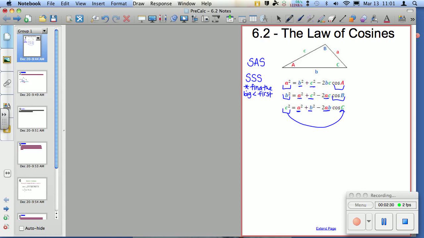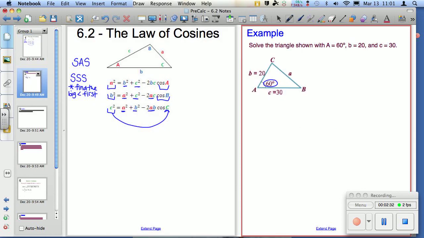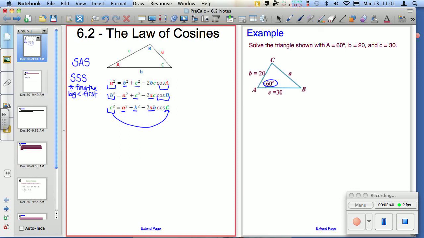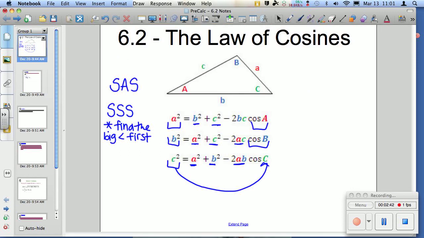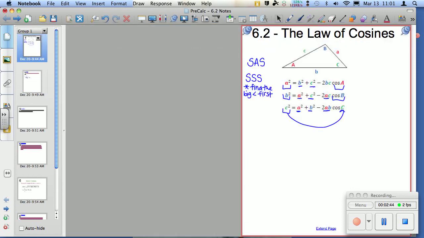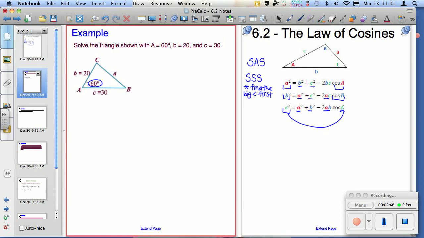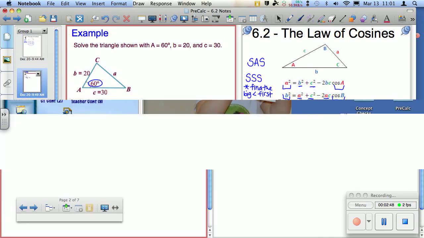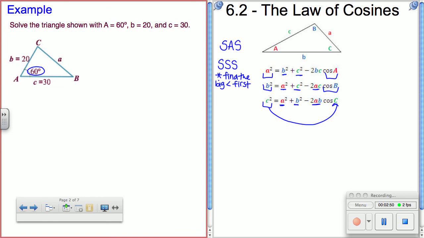So let's bring up our formulas just for a minute. So we have the 60-degree angle. Now the side across from it is the side that I don't know. So we're going to start by saying a squared equals.